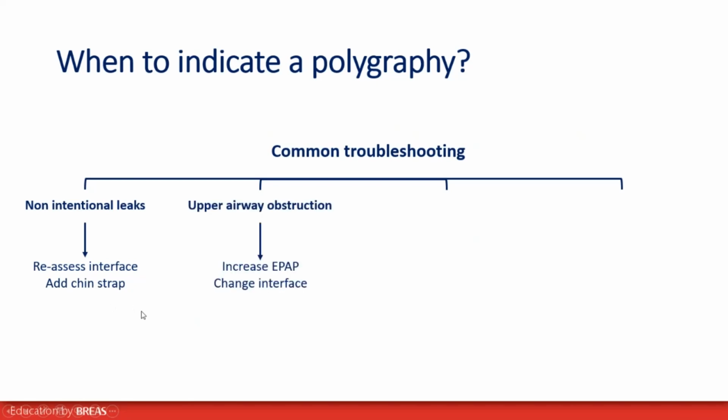Now, the second problem is probably the upper airway obstructions. If we detect upper airway obstruction on NIV, most of the time we will try to increase EPAP, or if we believe that the obstruction is due to the mask, that is, too much pressure in the lower part of the face, then we can change the interface.